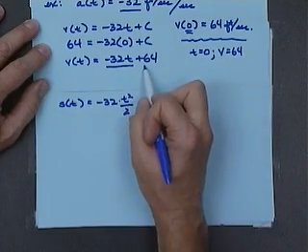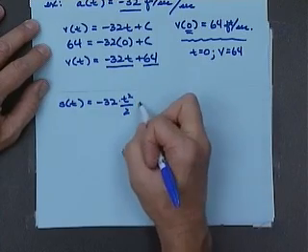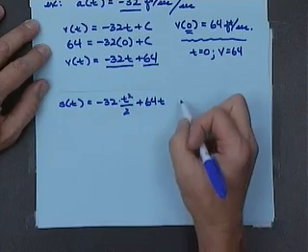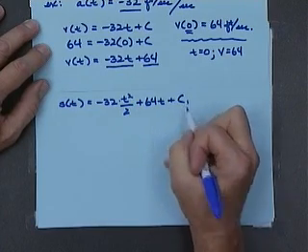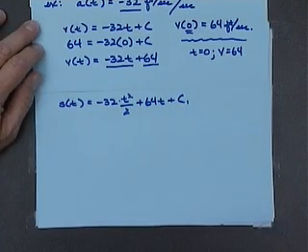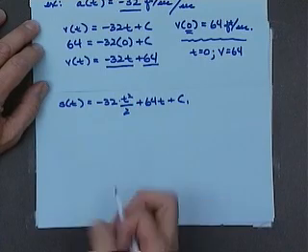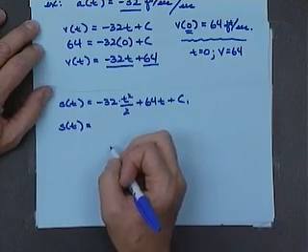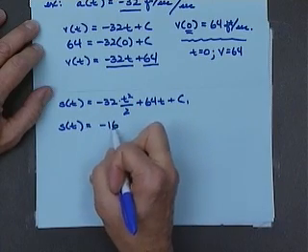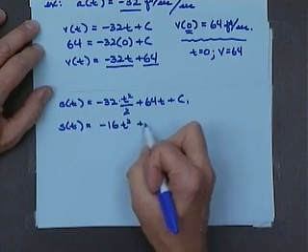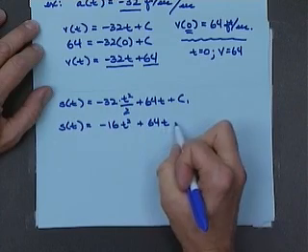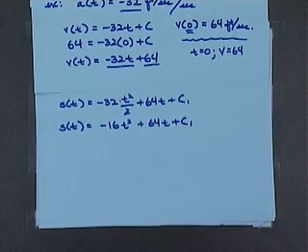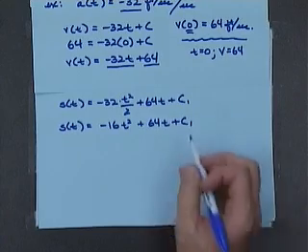What has 64 for its derivative? 64t, and then we have another c. I'll just call this something different, c1. So at this point we have, and this ought to look familiar, I hope, negative 16t squared plus 64t plus c1.